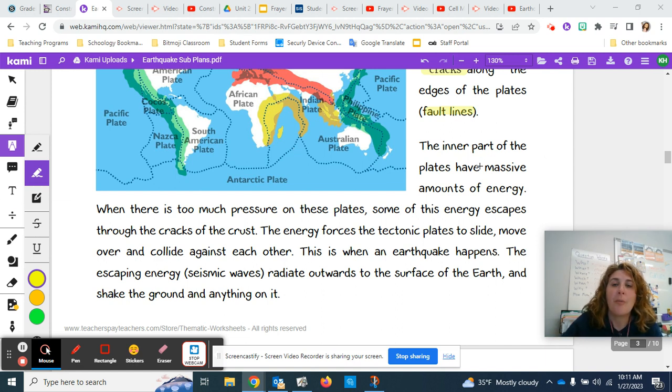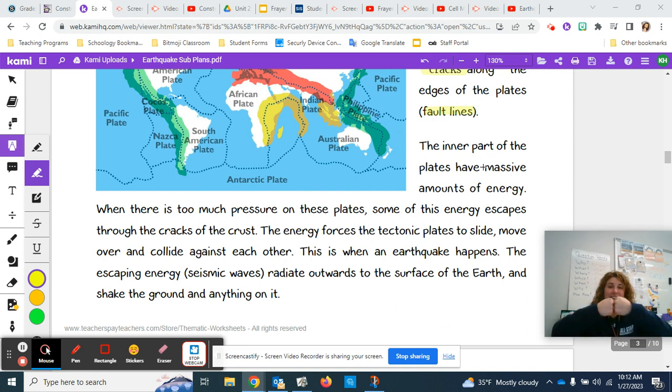So, ¿por qué las placas tectónicas se mueven? And they se mueven juntos. Hay presión en las placas, right? Porque se, right? Poner juntos con más fuerza. So, como se mueven, hay mucha energía, right?